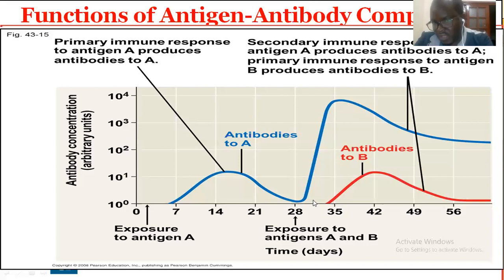So it will take a bit of time for the antigen presenting cells to present the antigen and then to mount immunity against it. So you have the more production now of antibody B. This is now the primary response to antigen B. But if you are exposed again at another point with antigen B, because now you have developed an immune memory, you have B memory cells and T memory cells that can respond next time you have antigen B. So you have a secondary immune response.